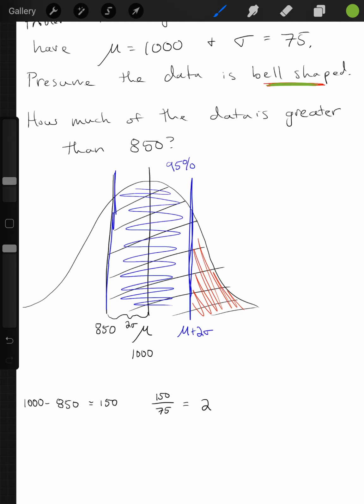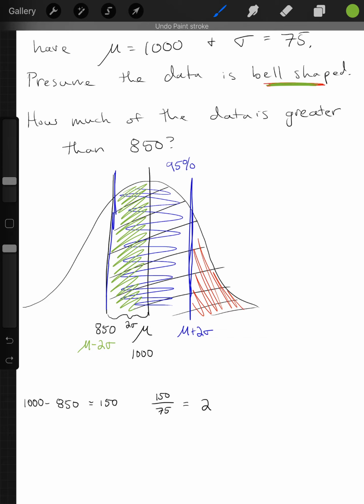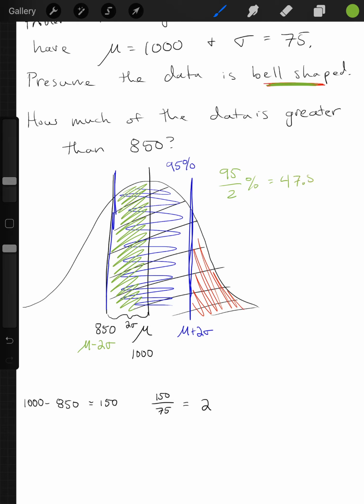So the fact that mu is dividing mu minus 2 sigma and mu plus 2 sigma in half means that this piece is going to be 95 divided by 2%, which is 47.5%.